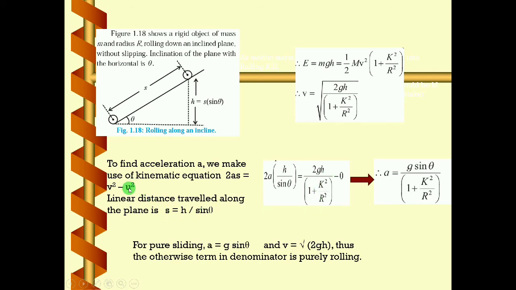And u, that is initial velocity, we are writing as 0. When you equate these terms, you can write the expression for a. Here 2 you can cancel from both sides, h you can cancel from both sides. So you are getting linear acceleration a equal to g sine theta divided by 1 plus k square upon r square.